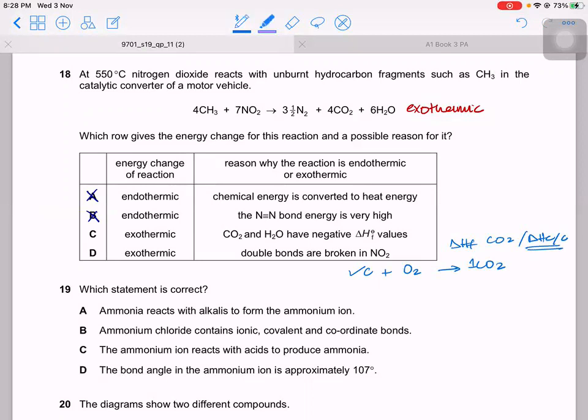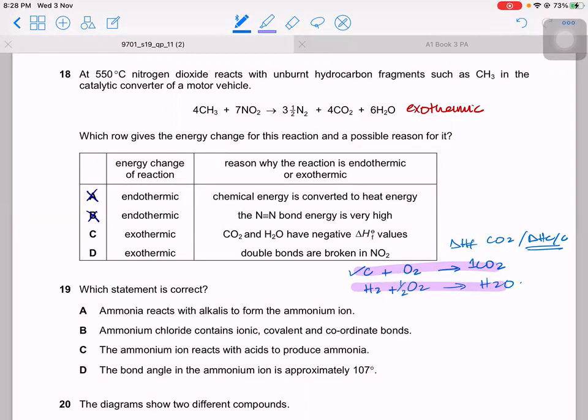Even if you don't remember, the formation of carbon dioxide and the formation of water are the combustion of carbon and the combustion of hydrogen.